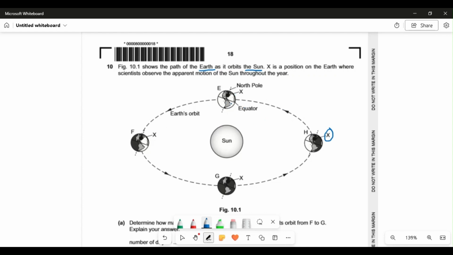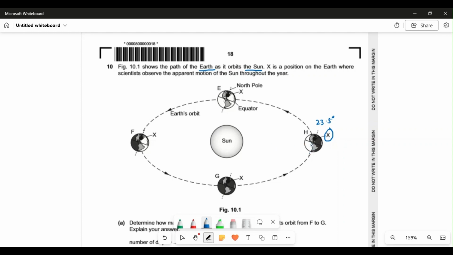If we look at this total orbit, we can say the Earth has a tilt of 23.5 degrees, and due to this tilt, the different seasons change, the weather changes. When the Earth is at position H, you can see this X is on the other side, not facing the Sun.